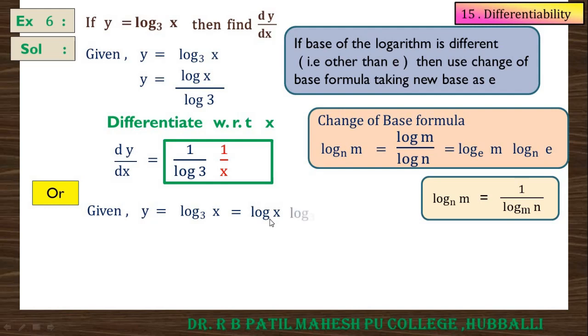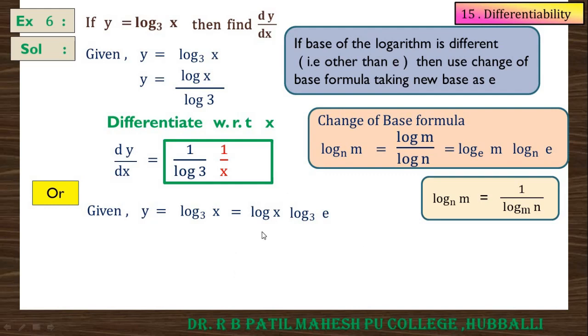When you change, log e to the base 3, you take the old base. Otherwise you remember log x to the base e, after that log e to the base 3. This term you always replace by e, and write the same base 3. Multiply. So this is the way of following.